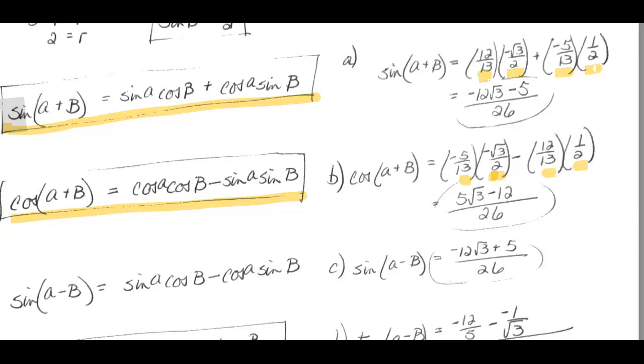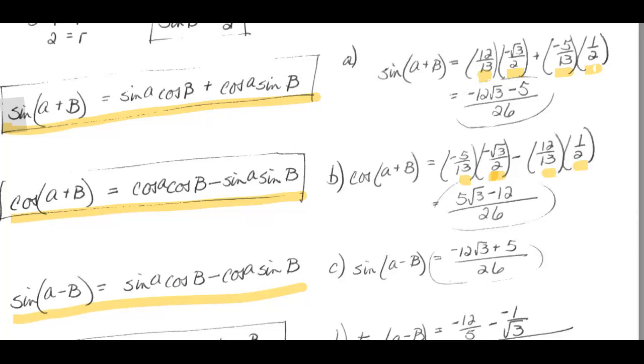Now the sine of the difference, this is part C, of alpha and beta. The rule is the same as the first rule, except here the sign between the terms is minus instead of plus.